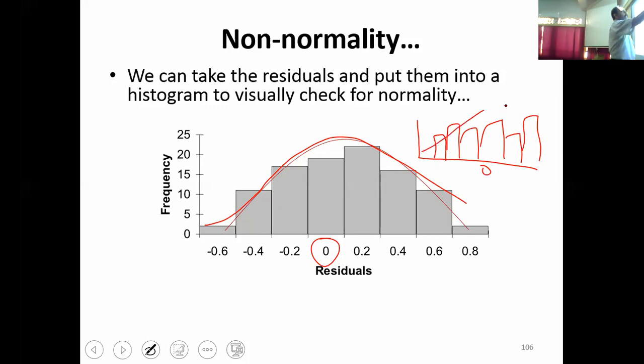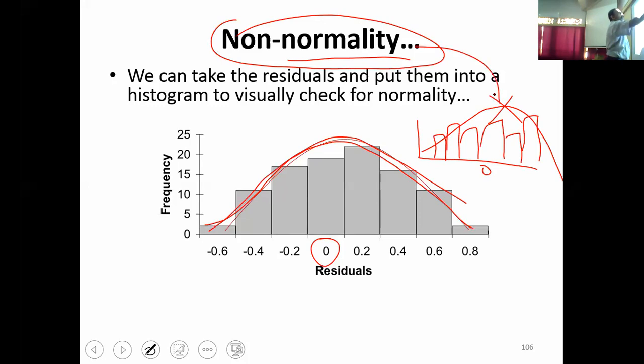Then there is nothing called normal distribution. It has to be something like this. So this is normality. If you don't have that kind of feature, then we call it non-normality, right? Check for the normality.